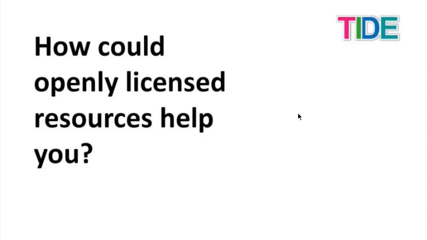In terms of cost savings for institutions and students, different places around the world have different issues that open resources highlight. In North America in particular, there are very high textbook costs. This has really been an important mainstreaming of open educational resources.